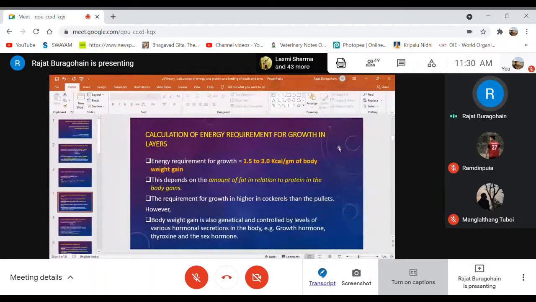If you add all these three together, you will get the total energy requirement for a layer per day.